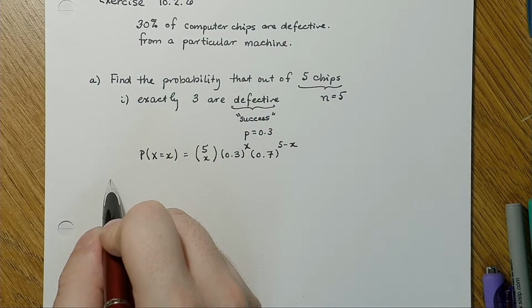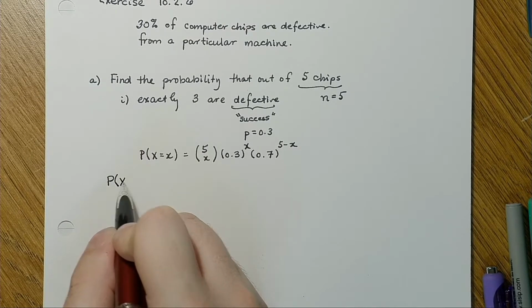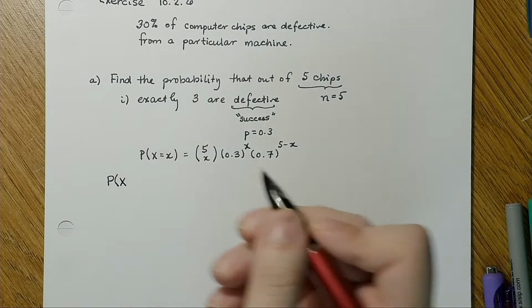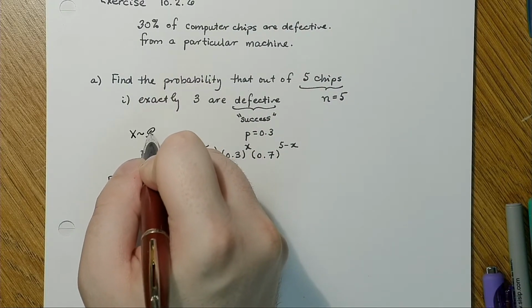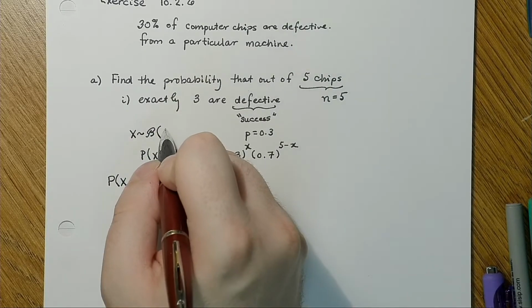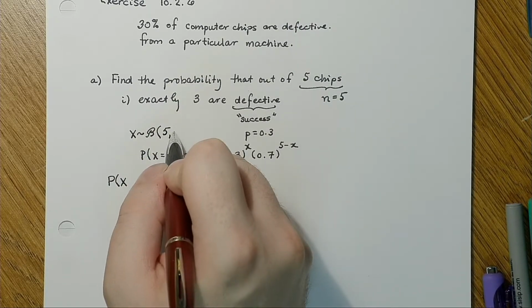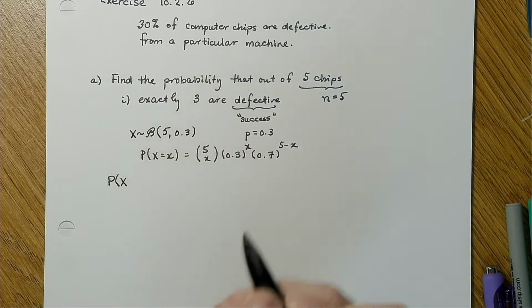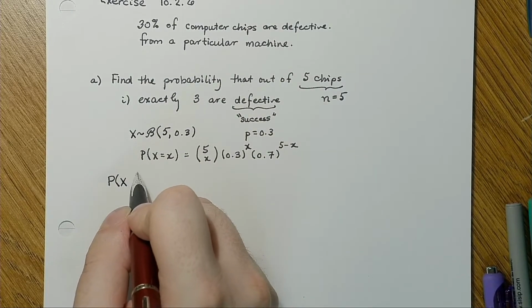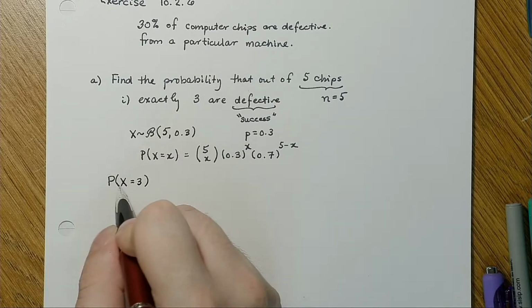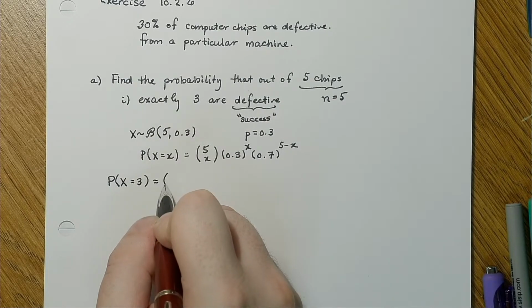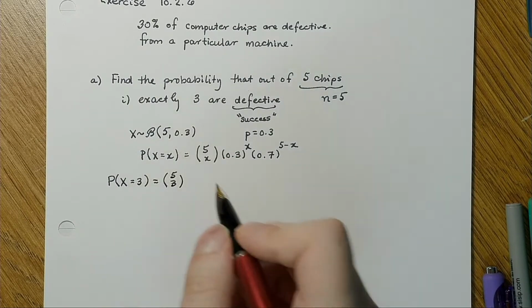So again, this is a binomial. X follows the binomial, with 5 trials and a 0.3 probability of success. We want to find that exactly 3 are defective, so the probability of x equals 3. So 5 choose 3.